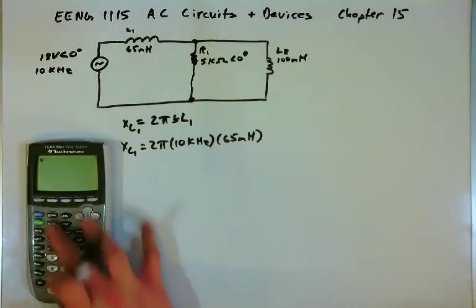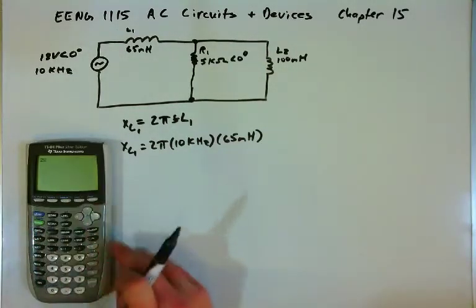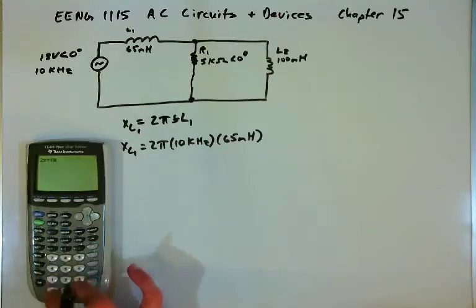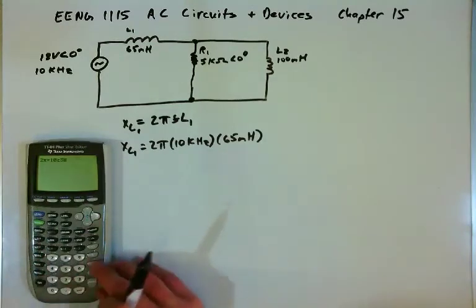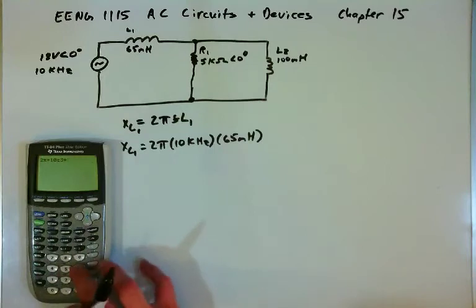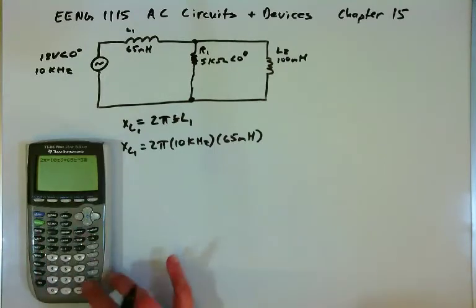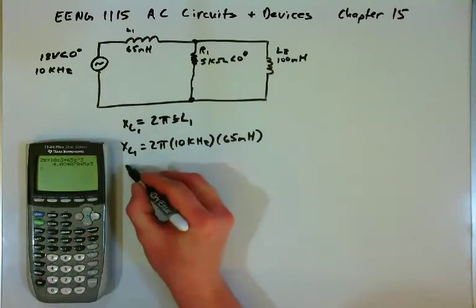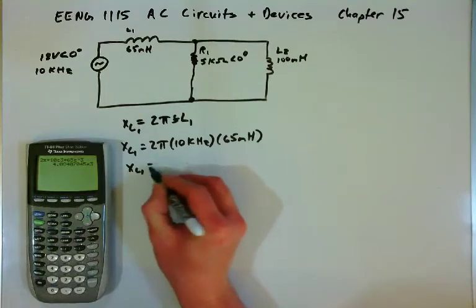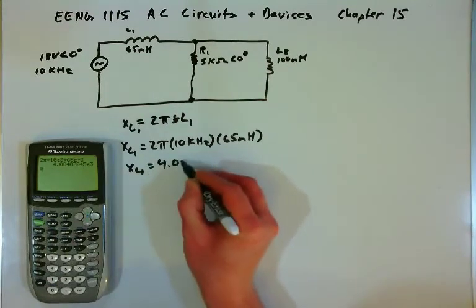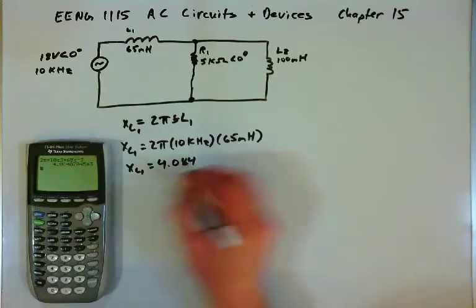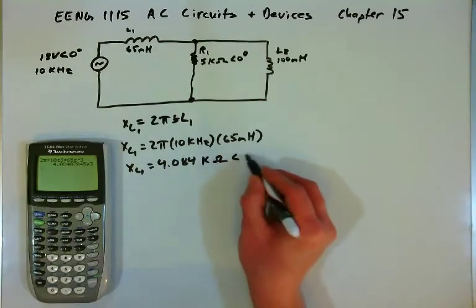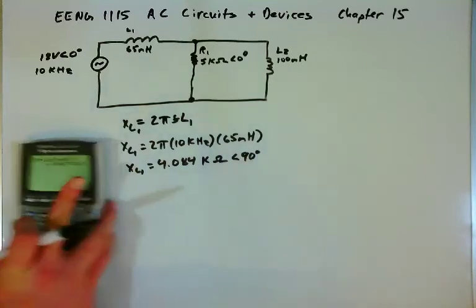And so X sub L sub 1 will be 2 times pi times 10 kilo times 65 milli, and we get X sub L sub 1 is equal to 4.084 kilo ohms, and inductive reactance is always at positive 90 degrees.